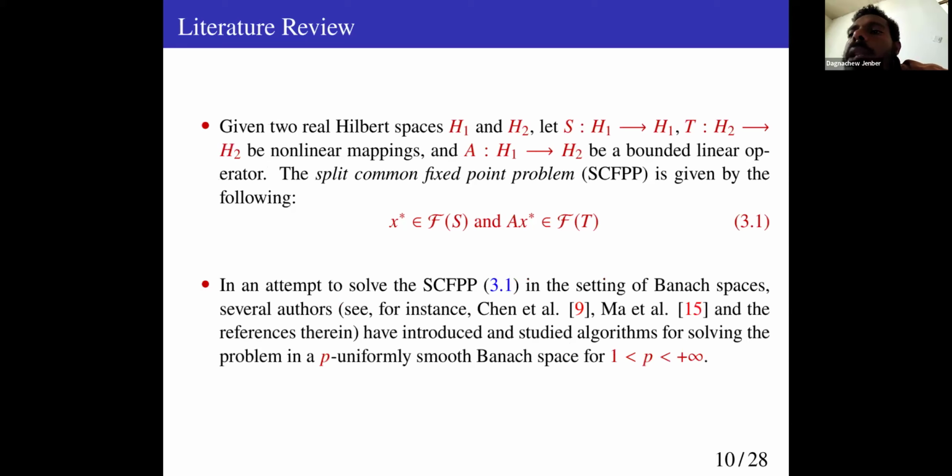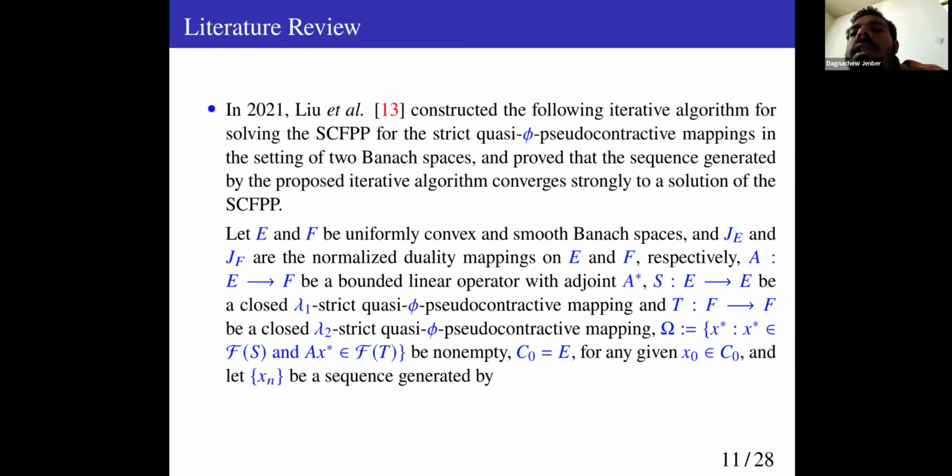And in an attempt to solve the split common fixed point problem defined by 3.1 in the setting of Banach spaces, several authors have introduced and studied algorithms for solving this problem, at least in p-uniformly smooth Banach spaces for p between 1 and infinity.